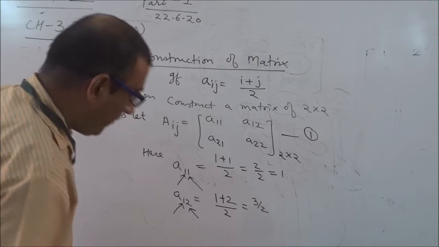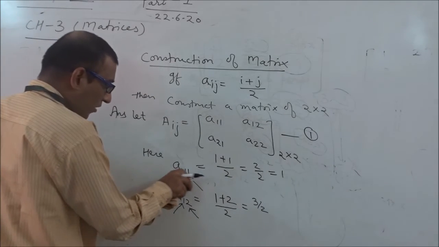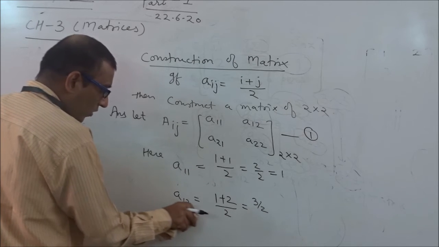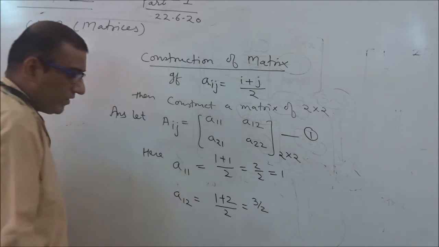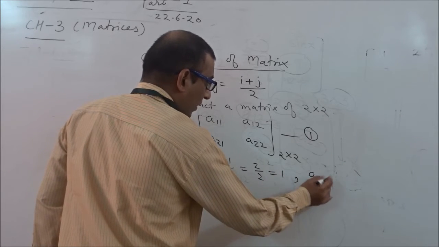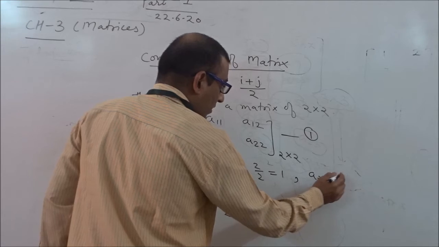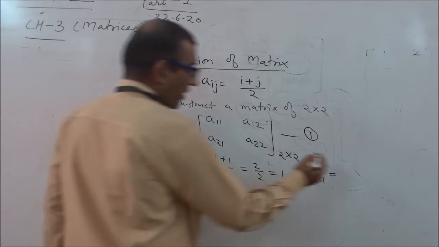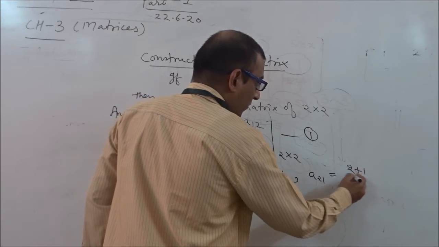With the help of the same procedure, we will calculate the values of A21 and A22 also. When we calculate A21, it means the value of I is 2 and the value of j is 1. So it becomes 2 plus 1 upon 2.